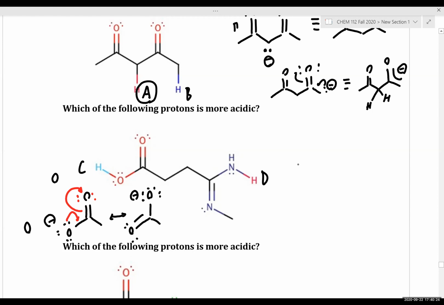If we look at proton D, we are able to delocalize our electron density over 2 nitrogen atoms.